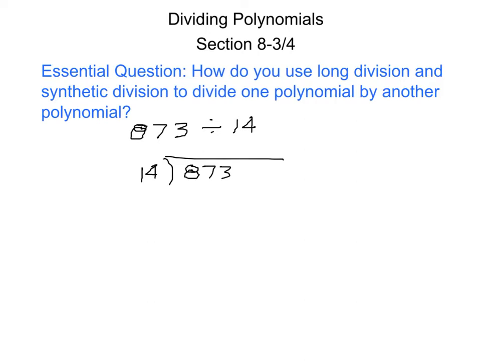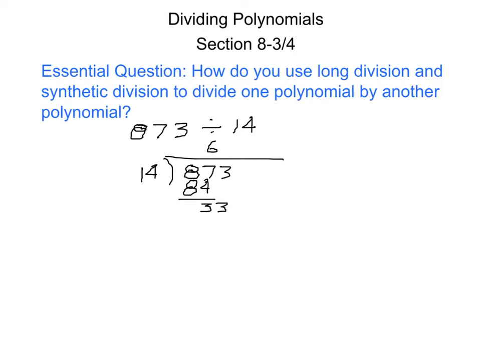And you'd start and you'd say 14 doesn't go into 8. 14 goes into 87 6 times. 6 times 14 is 84. We'd subtract 84 from 87, which would give us 3. We'd bring down the 3.